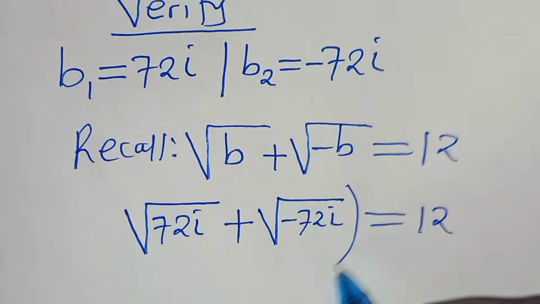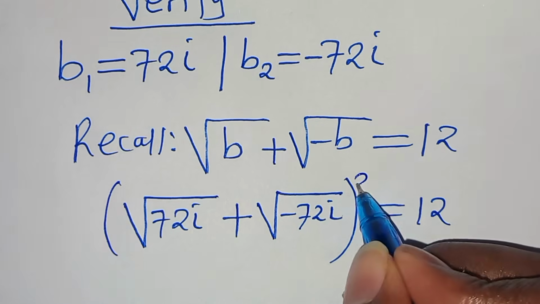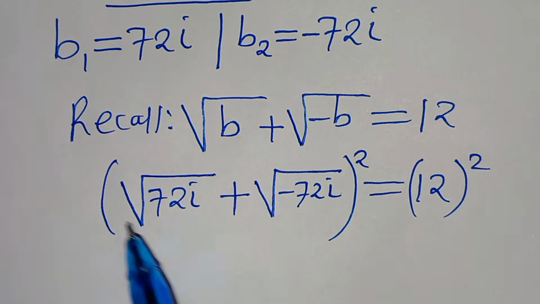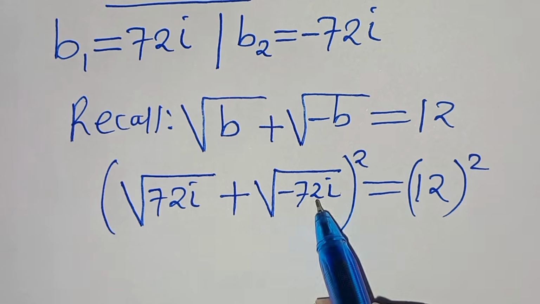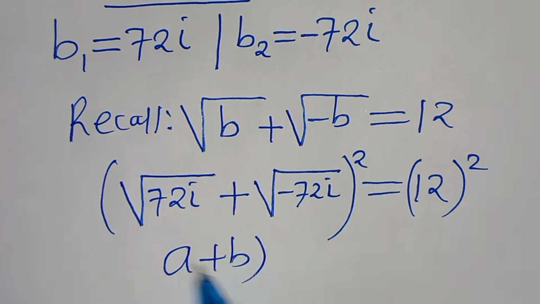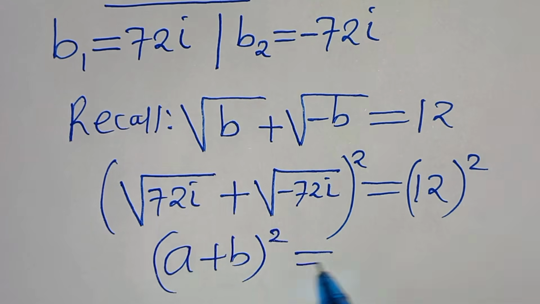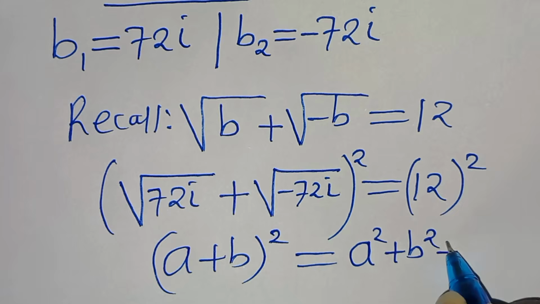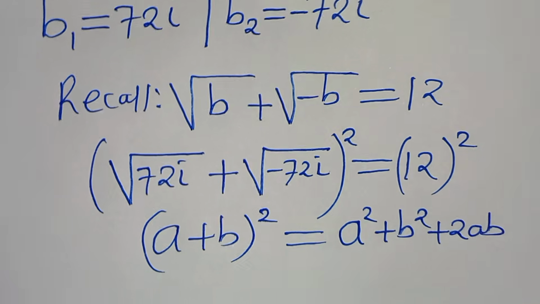So the first step to do here: let's square both sides, so that now the square root of 72i plus the square root of minus 72i, all squared. This is in the form of a plus b raised to the power of 2, which is the same thing as a squared plus b squared, then plus 2ab.